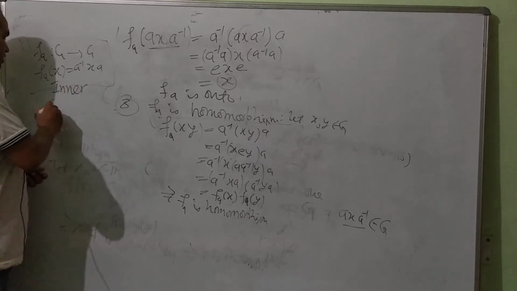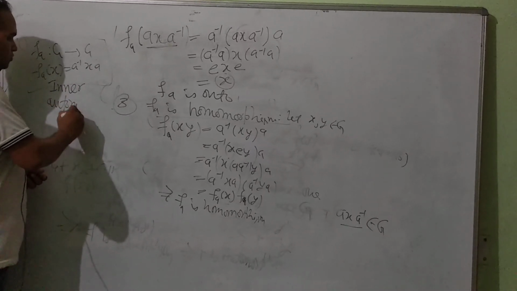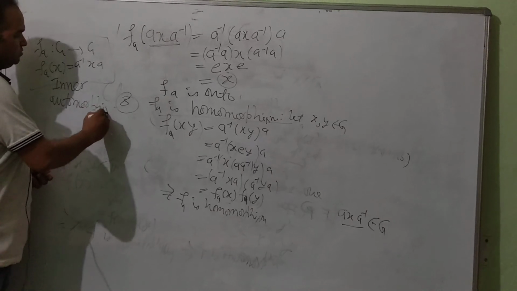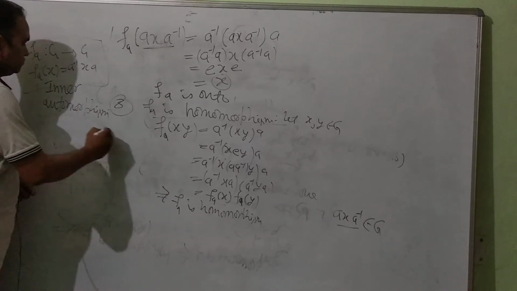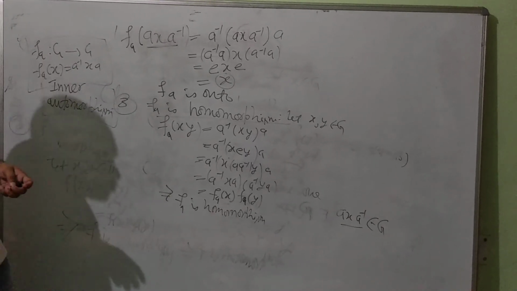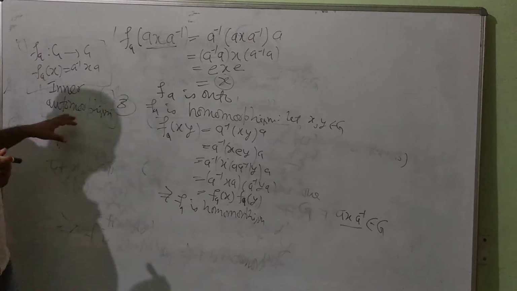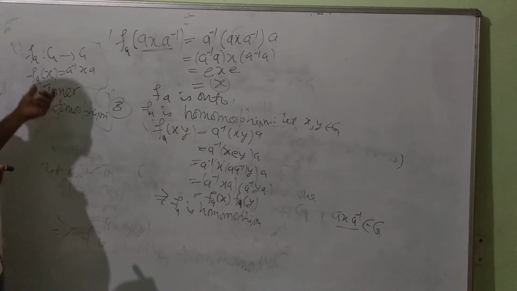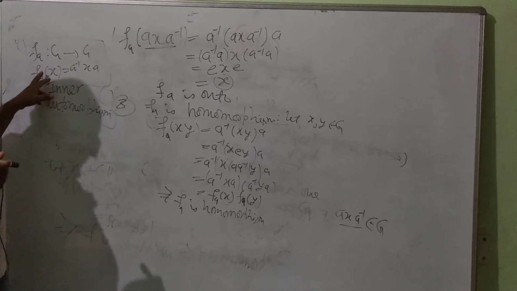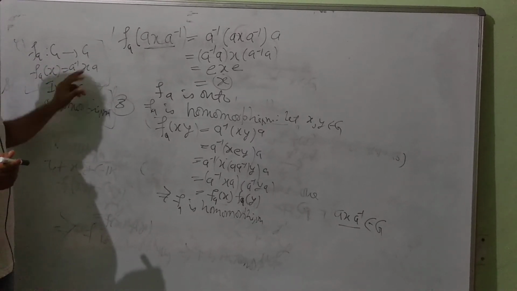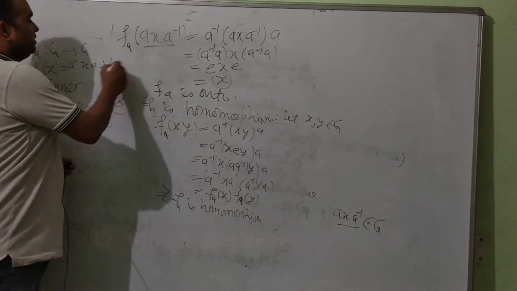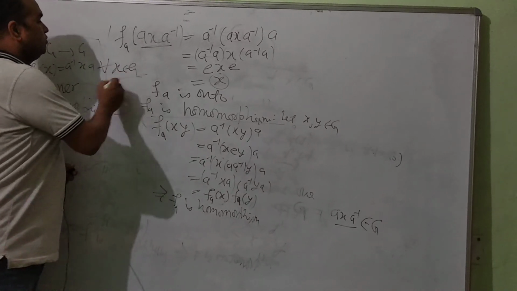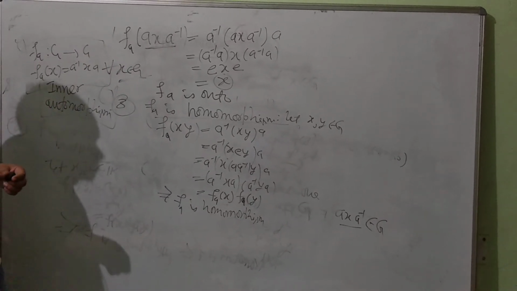This is called the inner automorphism. So this is the definition of inner automorphism. An inner automorphism is an automorphism of this type, that is any function f_A(x) which is A inverse xA. This is an inner automorphism.